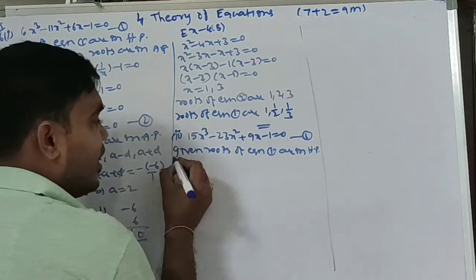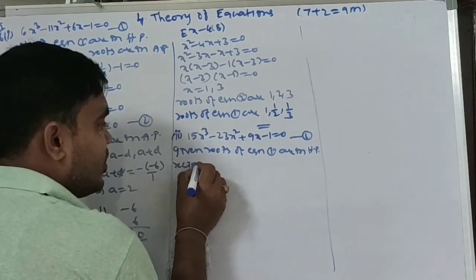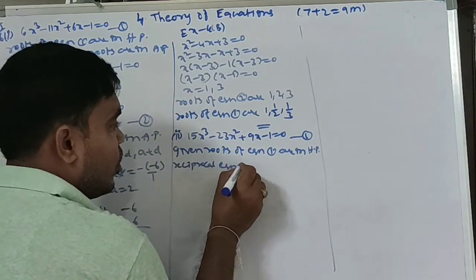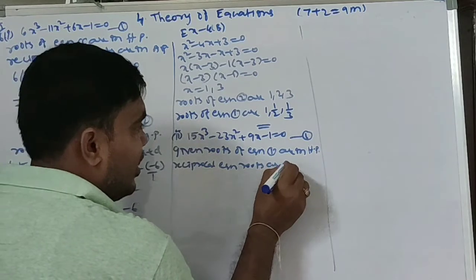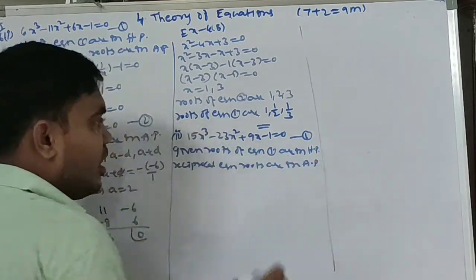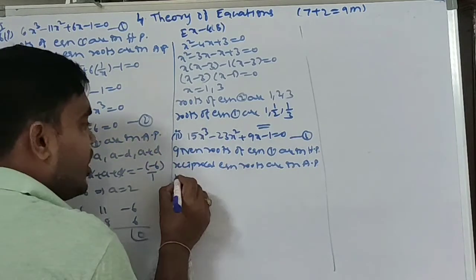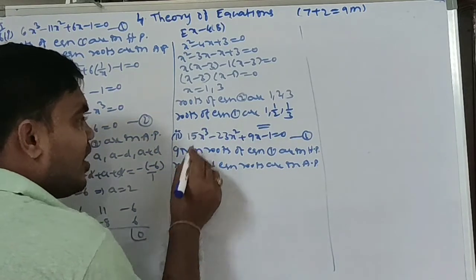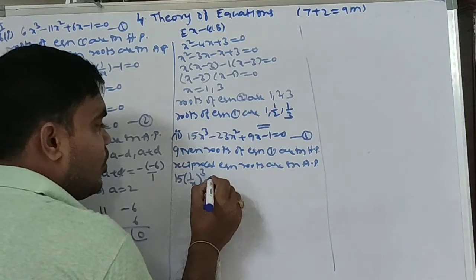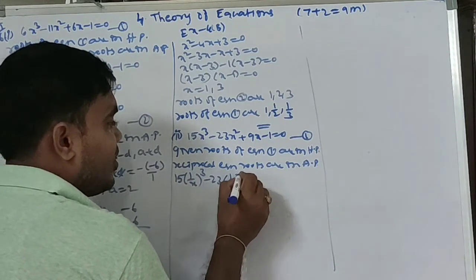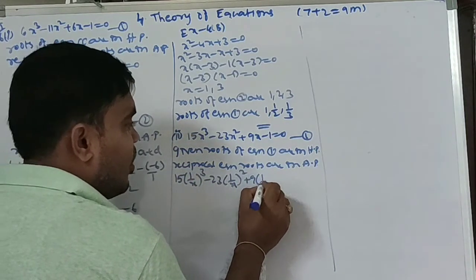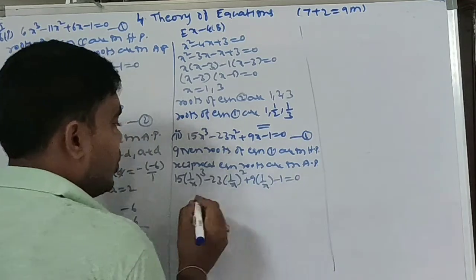What I am doing is forming the reciprocal equation, whose roots are in AP. Given roots are in HP, so the reciprocal equation roots are in AP. Instead of x I am writing 1 by x: 15 times 1 by x whole cube minus 23 times 1 by x whole square plus 9 of 1 by x minus 1 equal to 0.